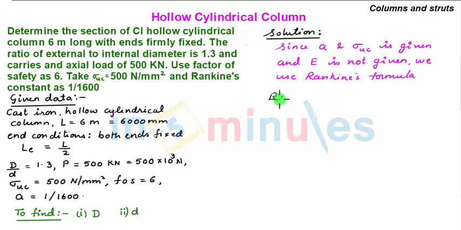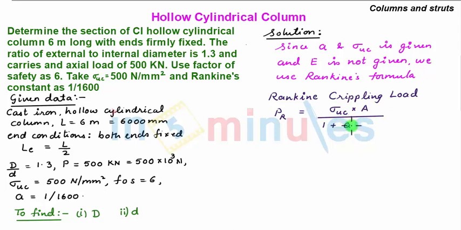Now we know the Rankine crippling load PR is given as sigma UC into A the whole upon 1 plus A into LE by K square, where LE is the equivalent length of the column and K is the radius of gyration. We also know the factor of safety FOS is given as PR upon the actual applied load P.